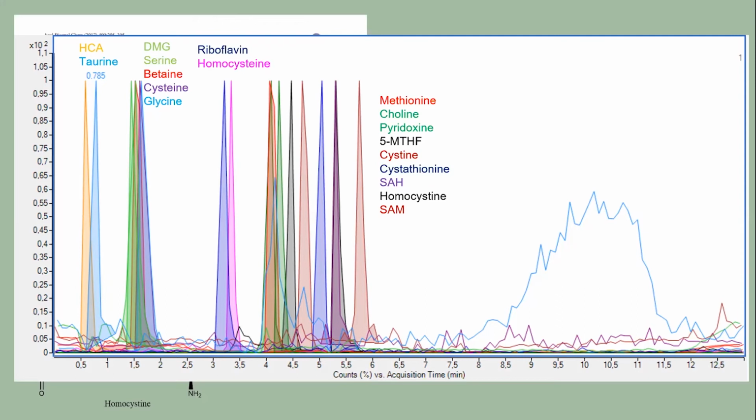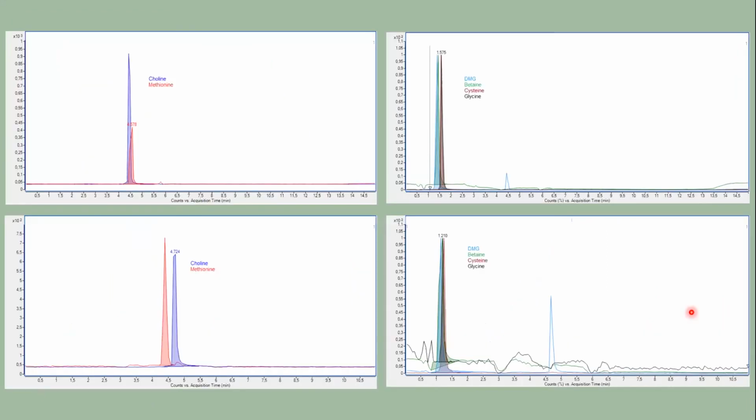I also find that the retention obtained was not completely successful, and the chromatographic separation was not completely successful. So it can use some improvement.